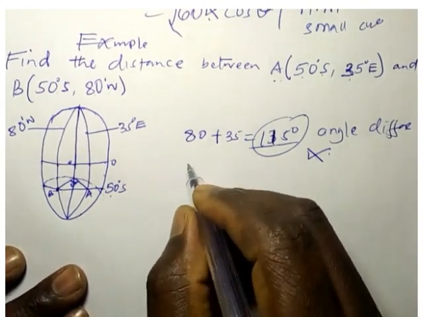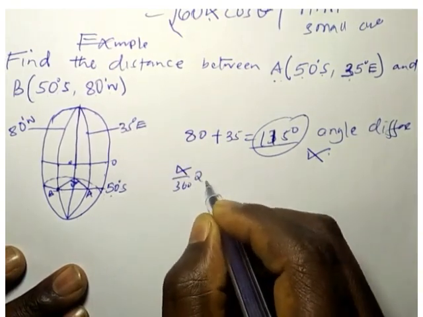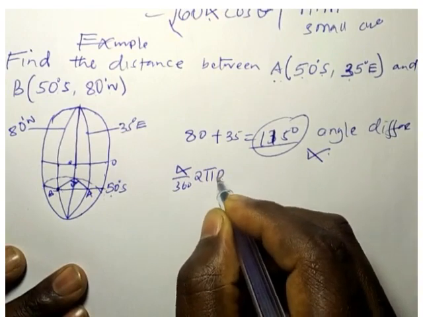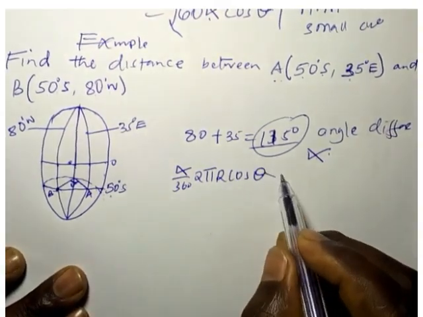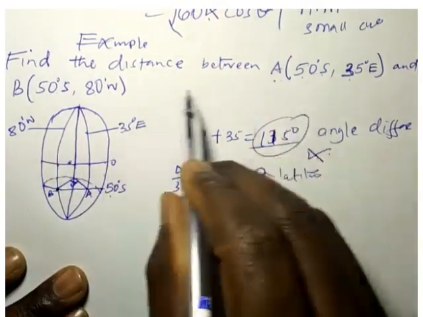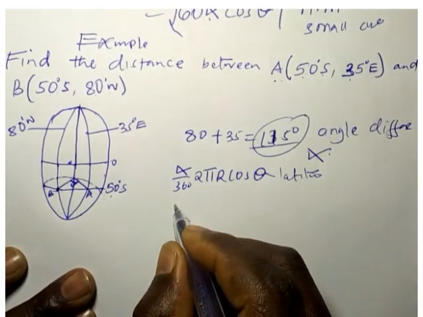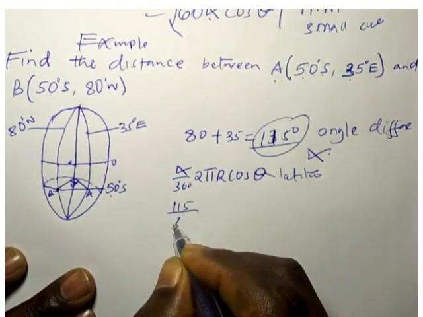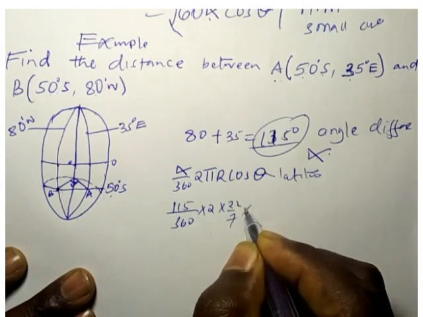So now we know that the formula is alpha over 360 times 2 pi r cos theta. And what have we said theta is? It is the latitude angle. The latitude angle here is 50. So now we have 115 over 360 times 2 times 22 over 7 times r.